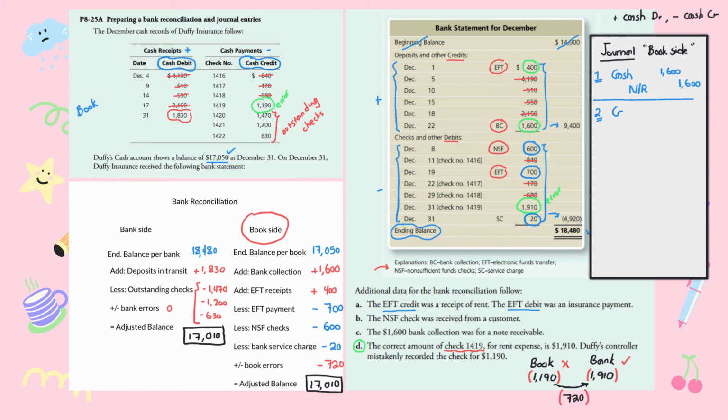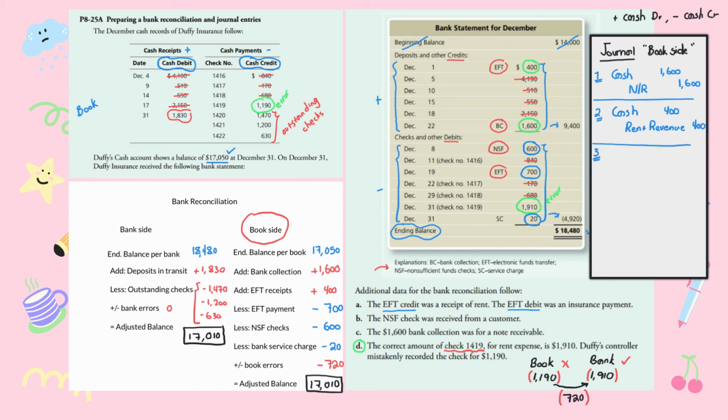So cash will be on the debit side. Now what's the second account affected? He said it's a receipt of rent. It means I'm the landlord and I'm the one who's collecting rent. So it's going to be rent revenue. And the amount is 400 debit, 400 credit.